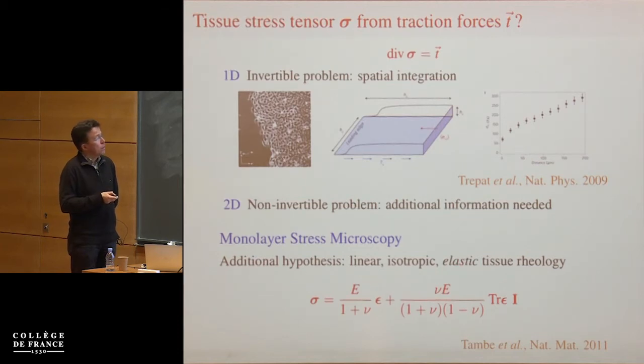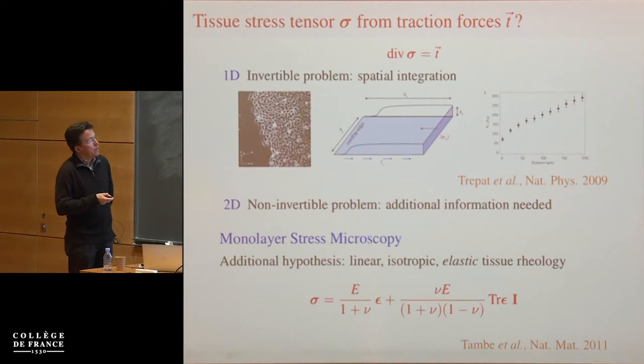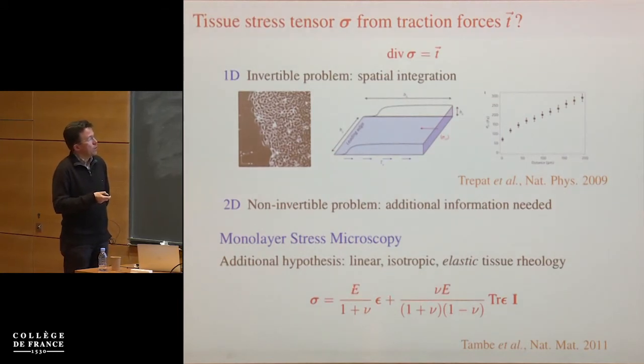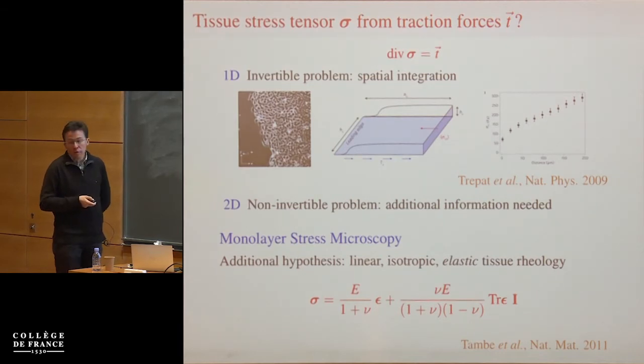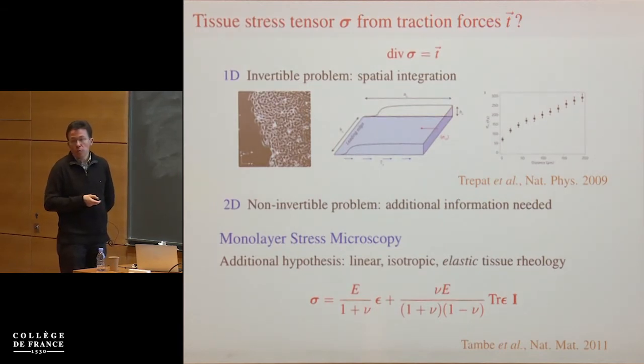In that case, the tissue stress is related to the tissue strain by this type of equation from elasticity, which involves elastic moduli and Poisson ratio, and allows to relate stress to a vector field, which is the vector field of displacement in the tissue, which explains why the equations become invertible.